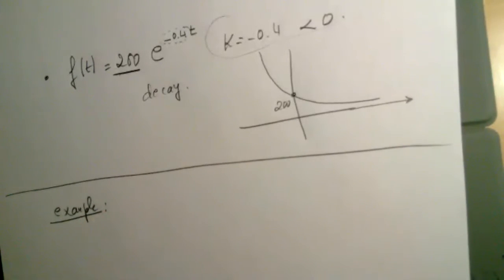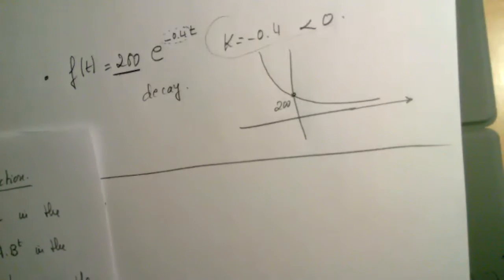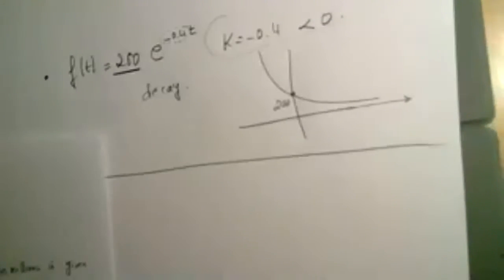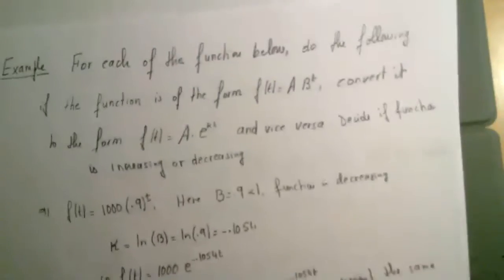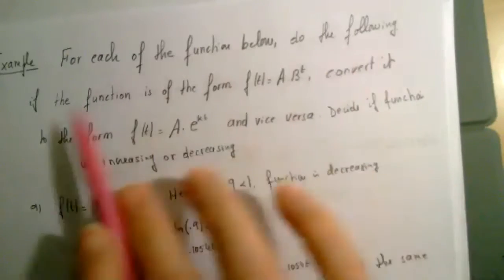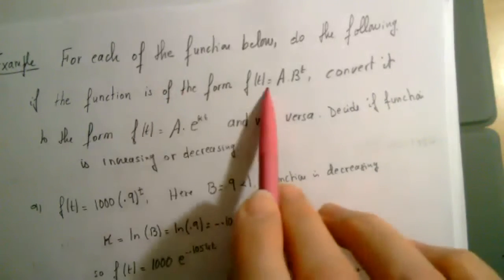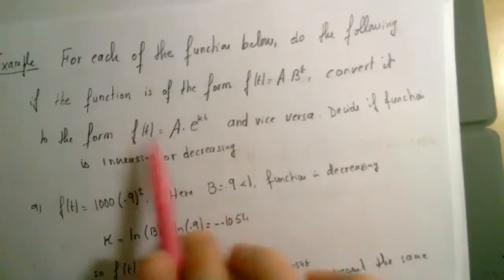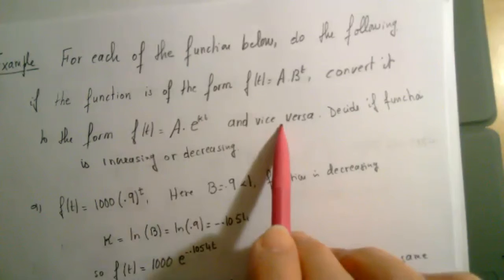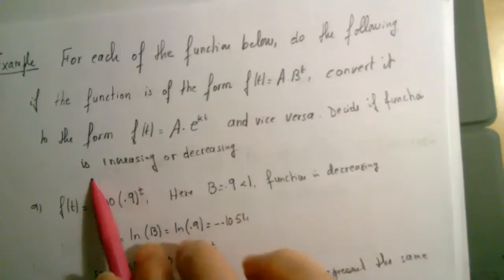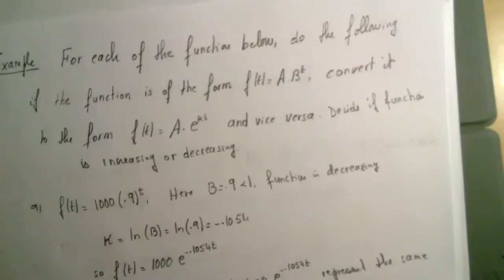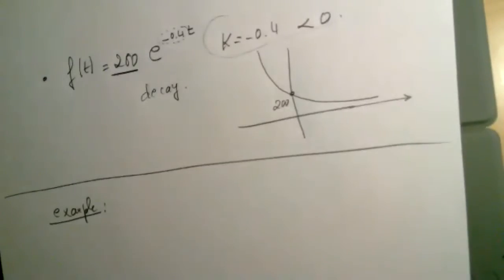For each of the functions below, if the function is of the form a b to the t, convert it to a e to the kt, and vice versa, and decide if the function is increasing or decreasing, because the sign of k affects this.